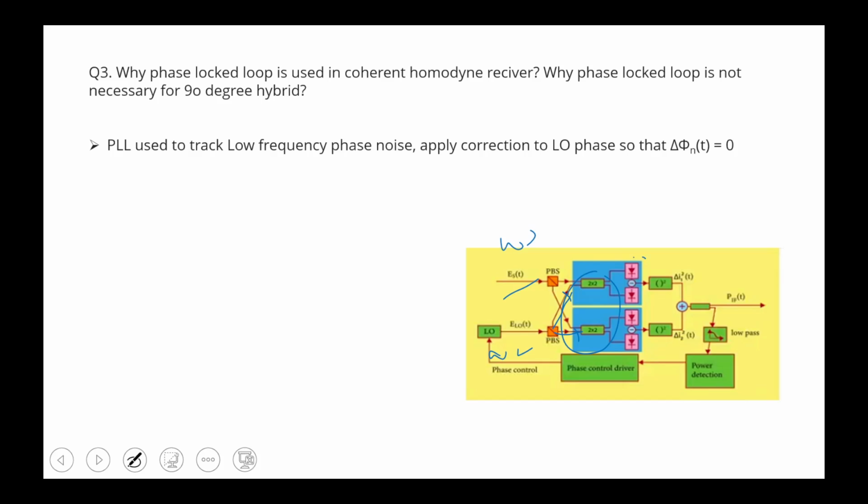We use two balanced detectors here, giving I1 squared and I2 squared, and this low pass filter passes only the low frequency signal and suppresses the rest. This is the power detection of the low pass signal, and it goes to the phase lock loop, which compares it and feeds back to the local oscillator. Through that we compare phi nt and make it 0.